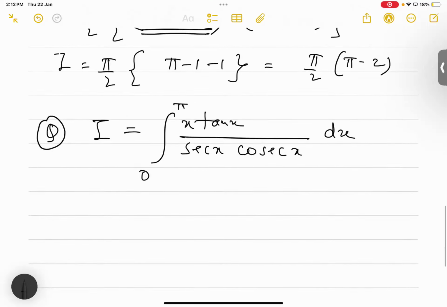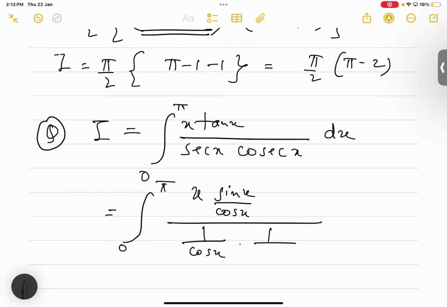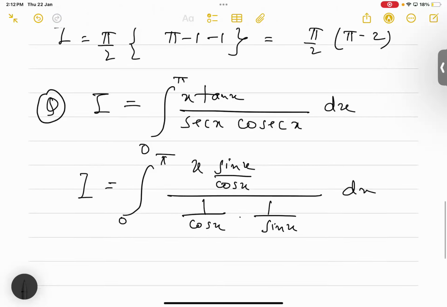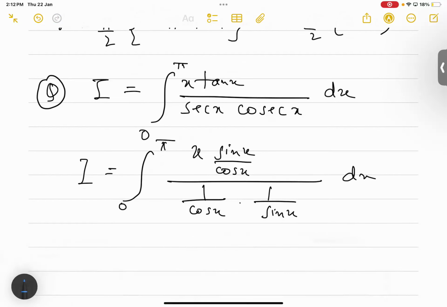Now my first recommendation over here will be conversion into sin and cos. That will be better. 1 upon cos and 1 upon sin. Right, guys? Cos and cos will get cancelled.